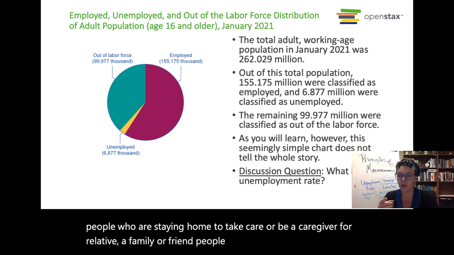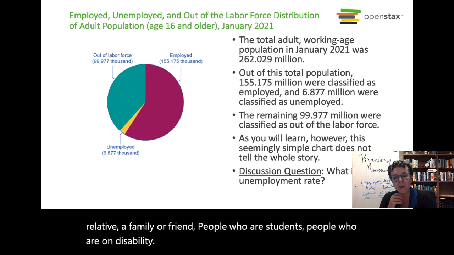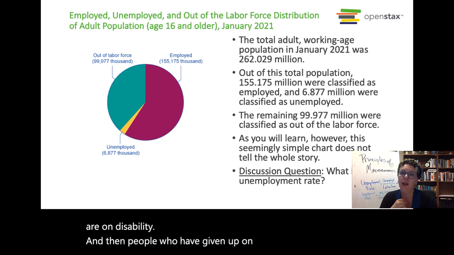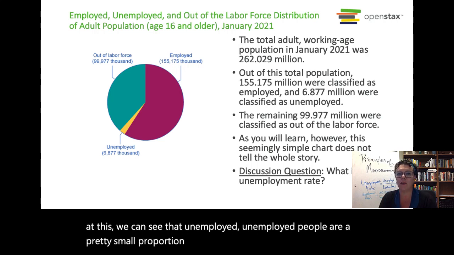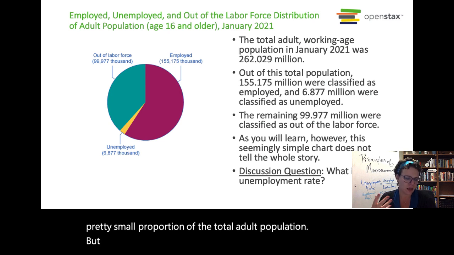People who are students, people who are on disability. And then people who have given up on finding work. So if we look at this, we can see that unemployed people are a pretty small proportion of the total adult population. But what else is going on here?